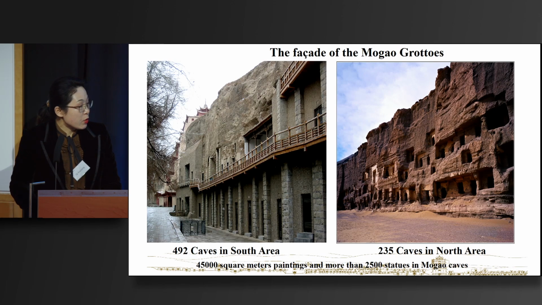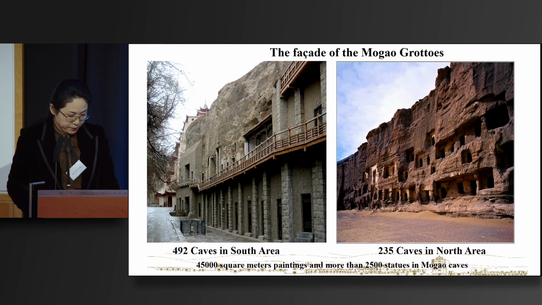What I'm talking about today is Cave 464, located in the north area. The caves in the north area are now forbidden to common tourists, so it is not easy to visit Cave 464.